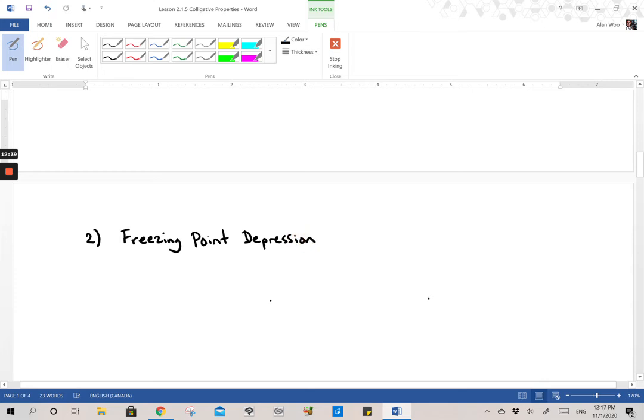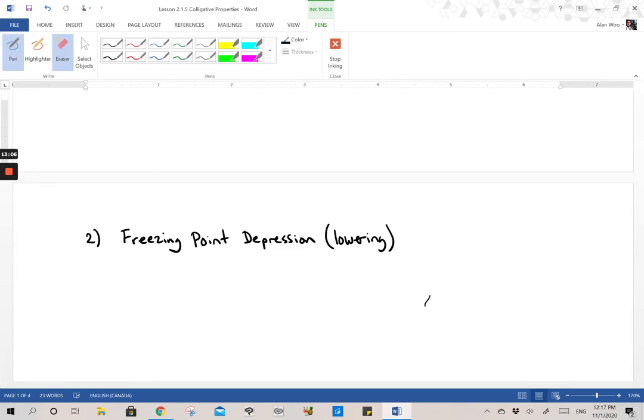Freezing point depression means that you're lowering the freezing point. The freezing point's not becoming sad or anything. You're just changing it from what it would be if it was a pure substance.